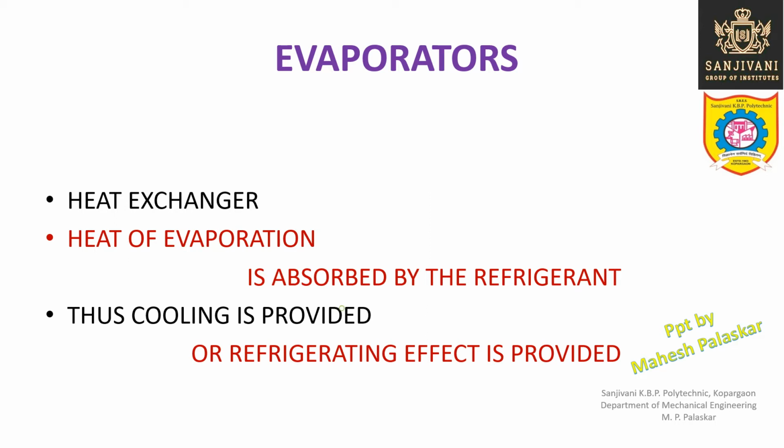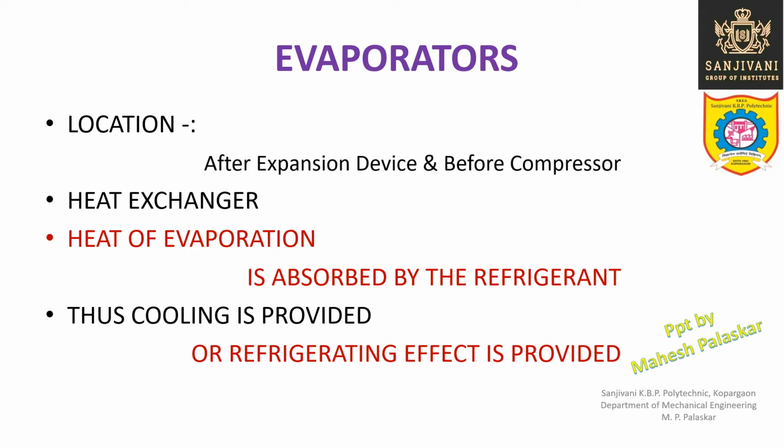Now what is the location of this evaporator? Evaporator is located after expansion device and before the compressor, right? But sometimes we can have some additional devices. Sometimes we can have before the compressor the accumulator may be present, right?